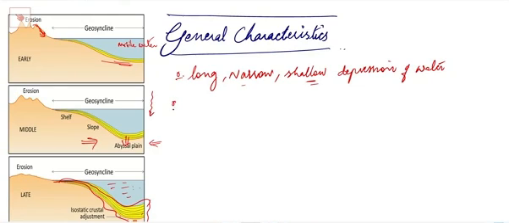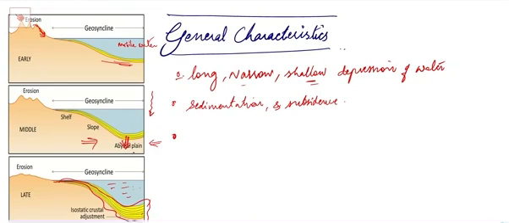And then the second thing is that it is characterized by sedimentation and gradual subsidence. See here, there is sedimentation which is deposited, and there is gradual subsidence, which means there is a gradual load acting there, and the subsidence takes place. So this is the second characteristic.